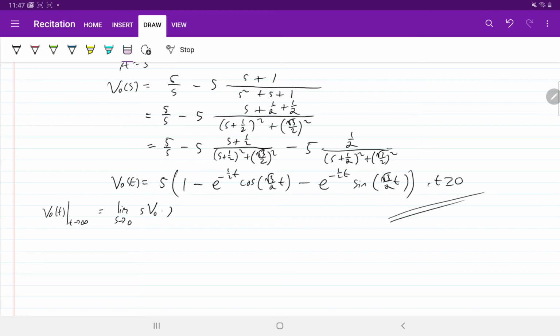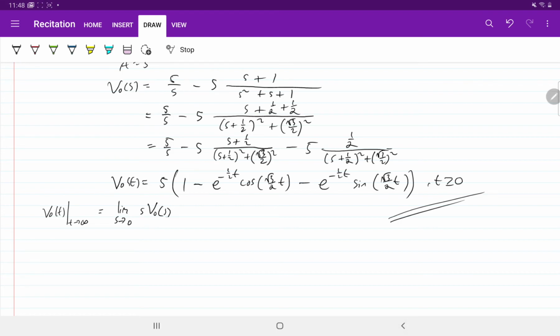But when you are using the final value theorem, you have to be careful, because the final value theorem can only be applied if your system is stable. Otherwise you cannot use it, it doesn't make sense. So you have to make sure that your system is stable first. Then after you confirm that your system is stable, you can use the final value theorem.